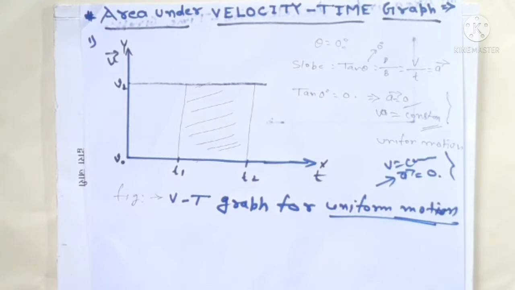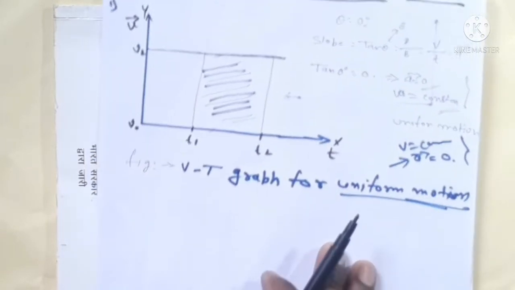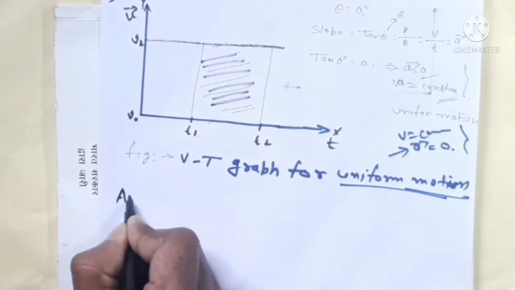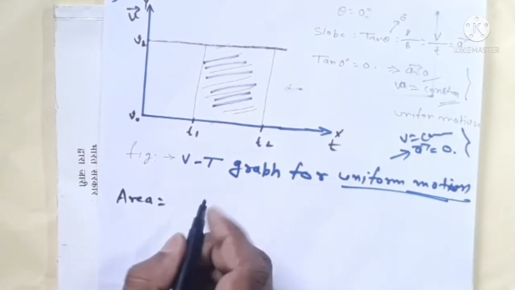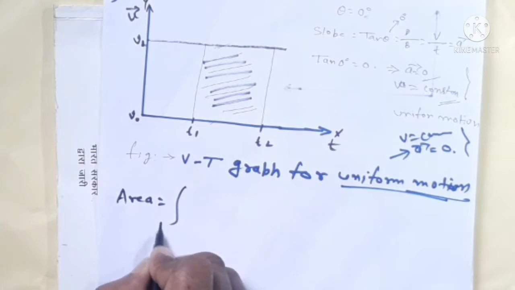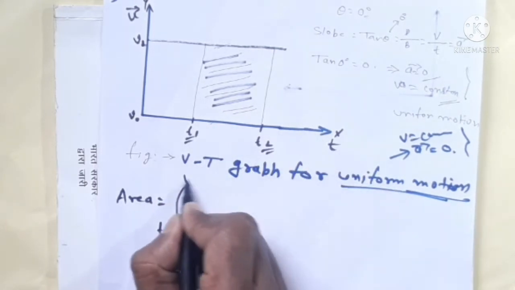Now we will find the area. We will find this area. Area is equal to the integration from T1 to T2.